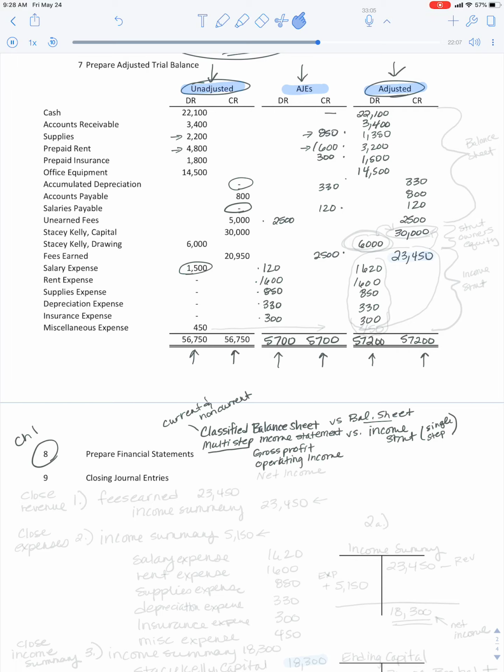And then you'll have some other items, like interest income or interest expense. Anything that's not part of our normal operations comes out or is added last to arrive at our last total, which is net income. So spend some time looking at the differences between your chapter 1 financial statements and your chapter 4 financial statements.